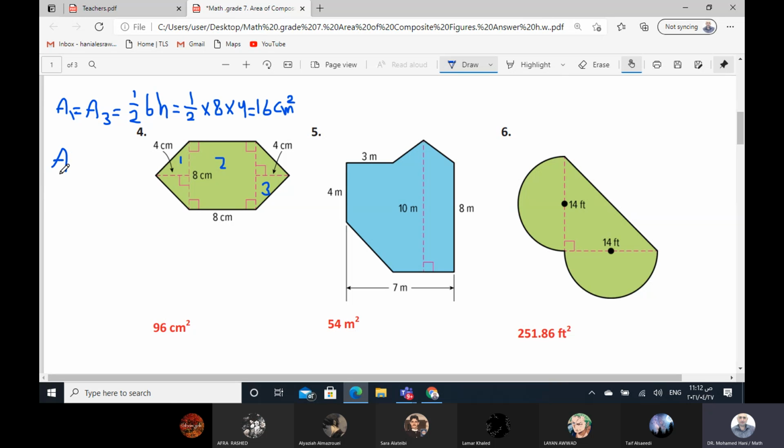Now we want to find A2. We have a rectangle, length times width. Oh, sorry, here we have a square here. We have a square because here 8 and here 8.